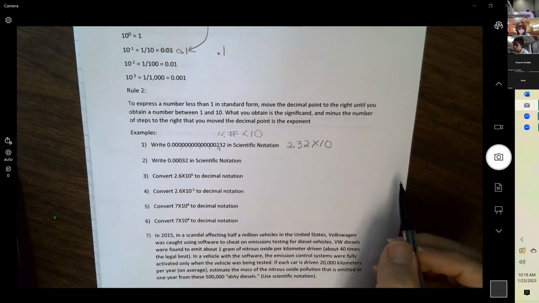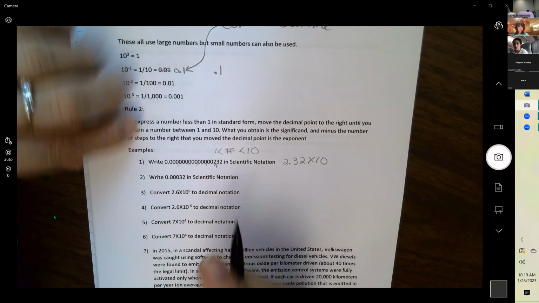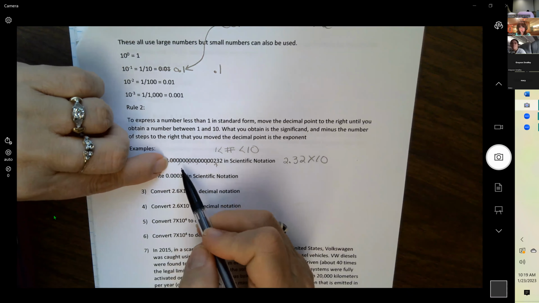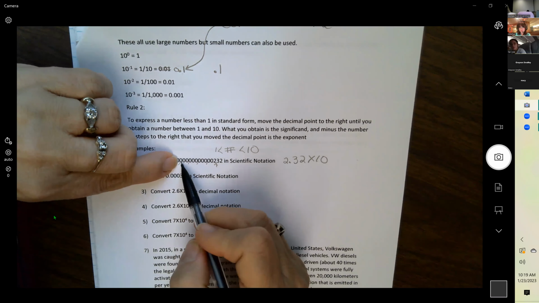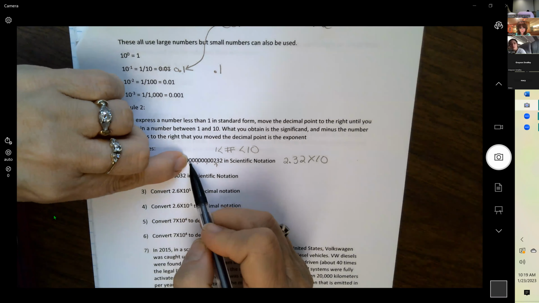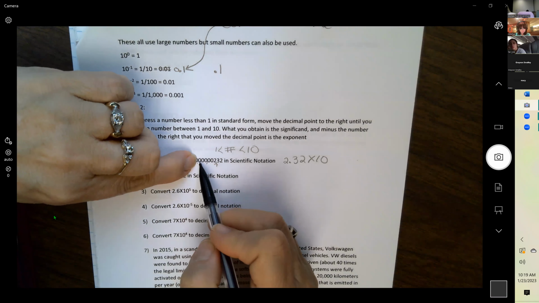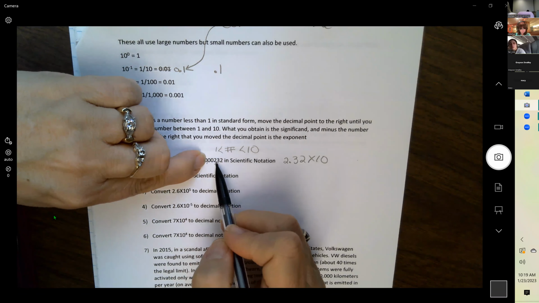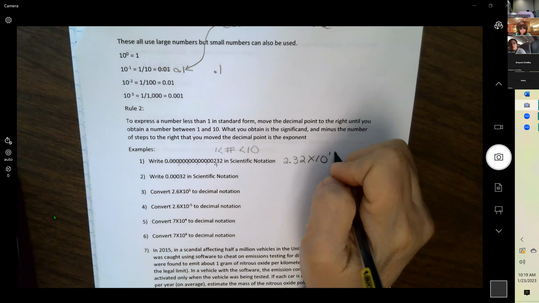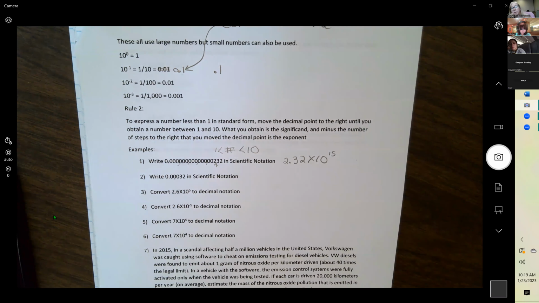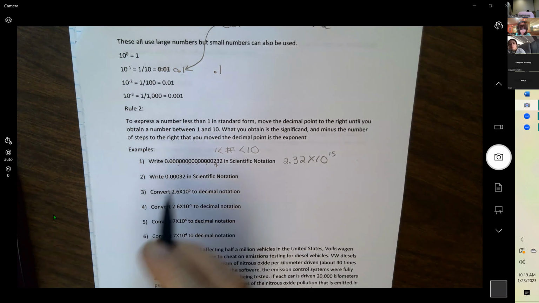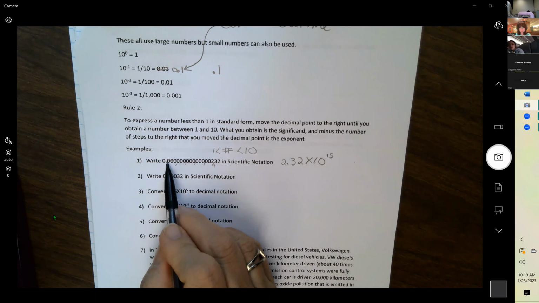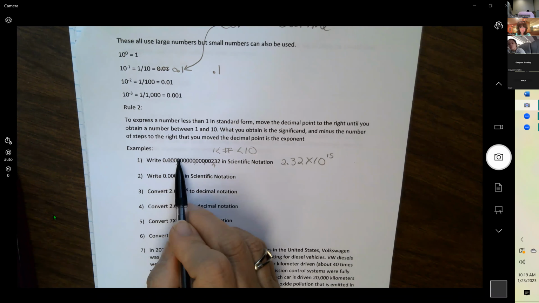Is that what everyone got? So I needed to move 15 spaces.